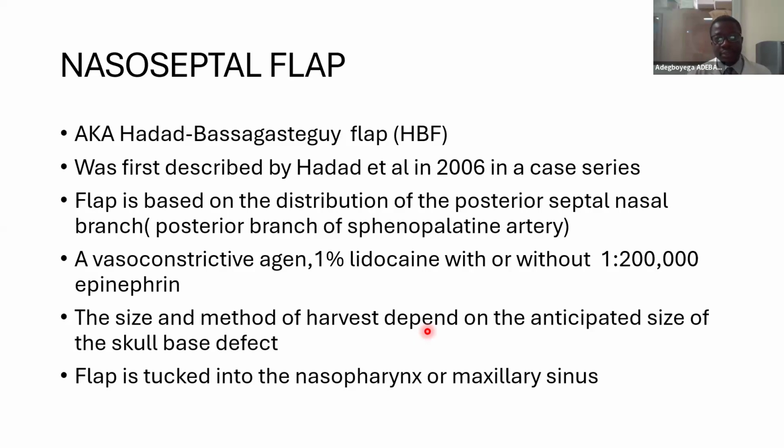Vasoconstrictive agents, about 1% lidocaine with adrenaline, with or without 1 in 200,000 epinephrine, are used. The size and method of harvest is dependent on the anticipated skull base defects. And after harvest, the flap is tucked into the nasopharynx or the maxillary sinus.